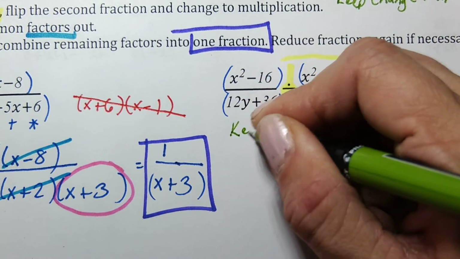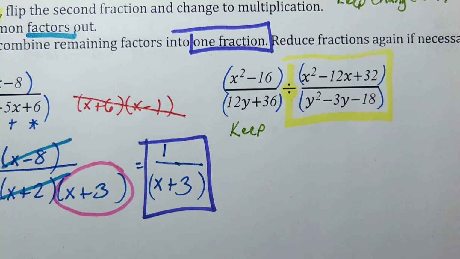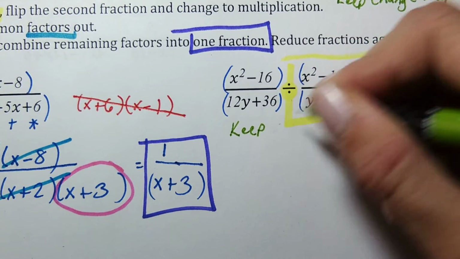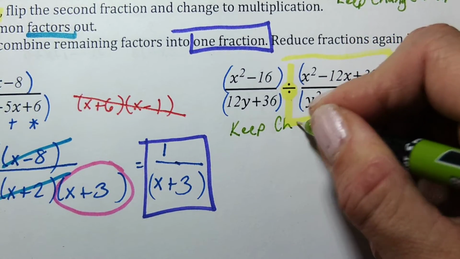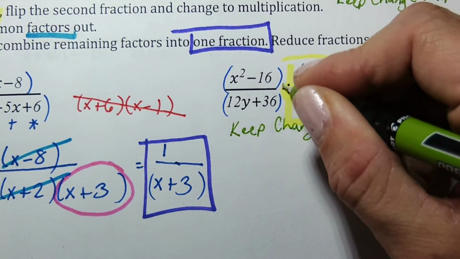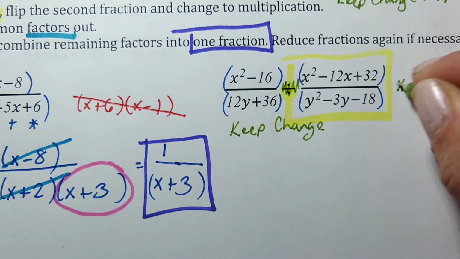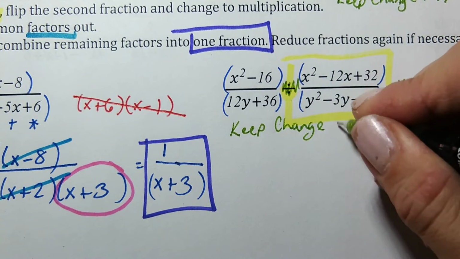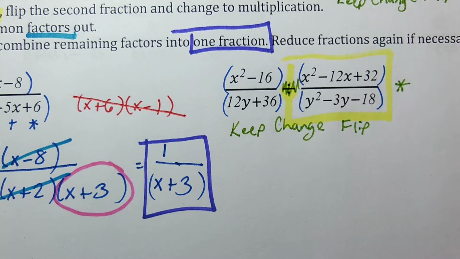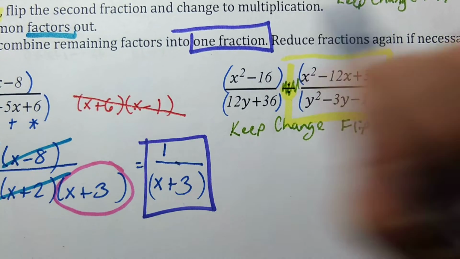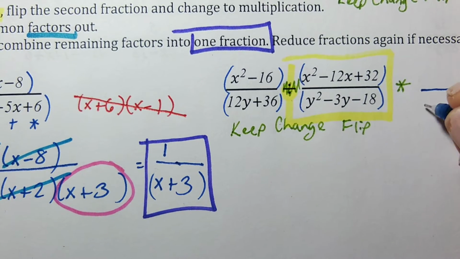So as soon as I see division, I think keep, change, flip. I'm going to keep the first fraction. I'm going to change that division to multiplication. And then I am going to flip or reciprocalize the fraction. So the x squared minus 12x plus 32 is going to go on the bottom, and y squared minus 3y minus 18 on the top.